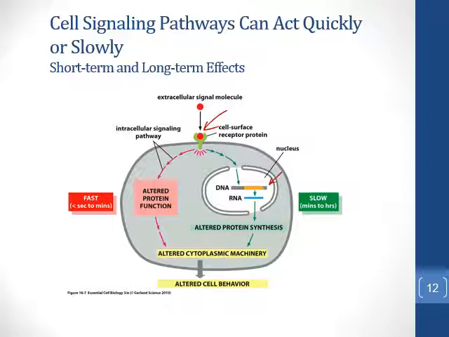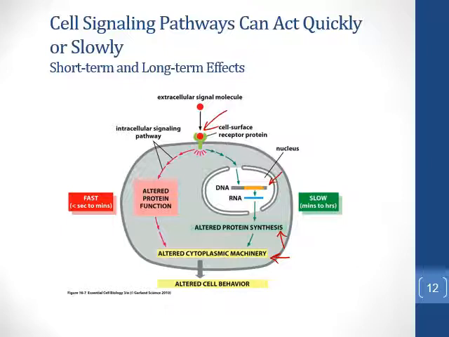We're transcribing that gene, processing the RNA, and we're going to make protein, let's say more of a particular protein. That protein, which could be an enzyme or something like that, is going to have some effect inside the cell. But ask yourself how long that's going to take. You don't have to put a number on it, but it's not hard to imagine that's going to take a little bit of time, right?